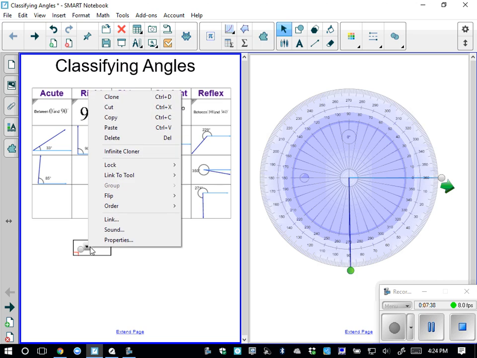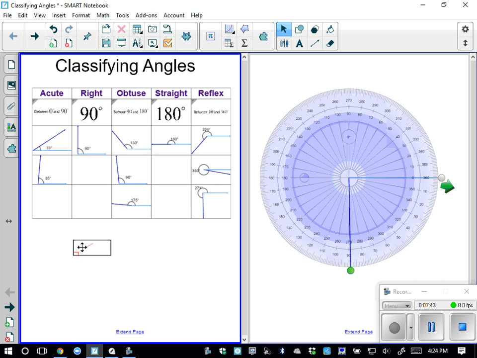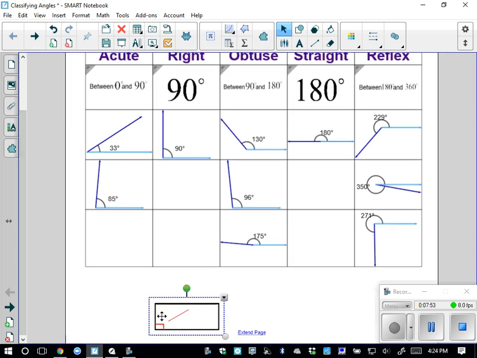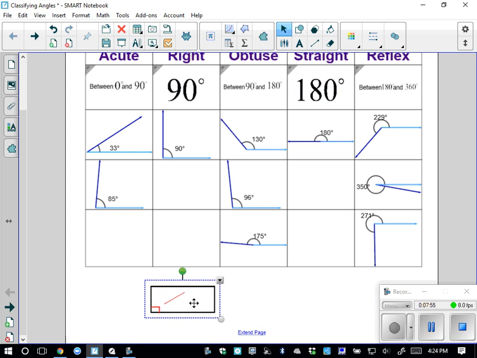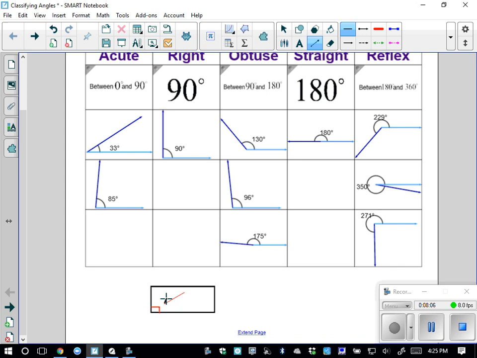Let me put a little arrow on. Well, let's be really small. So if we zoom in, let's look at that picture a little closer. Not quite easy to see, but I just put a little arrow picture there for the 90 degrees, and we'll put that back in our table.